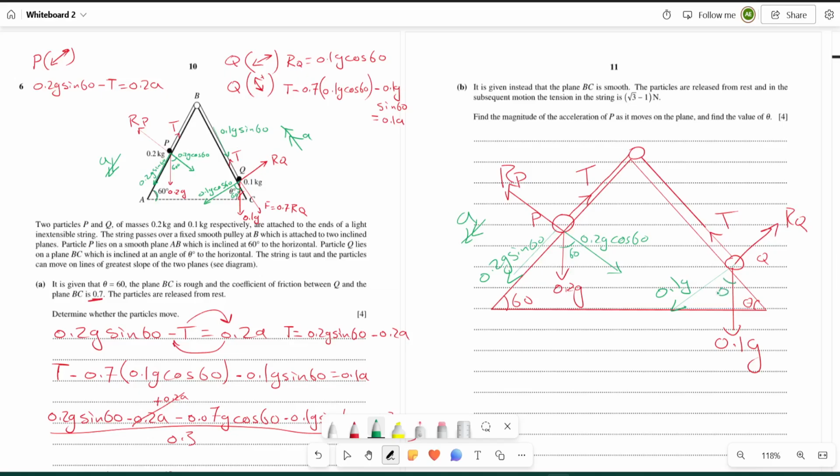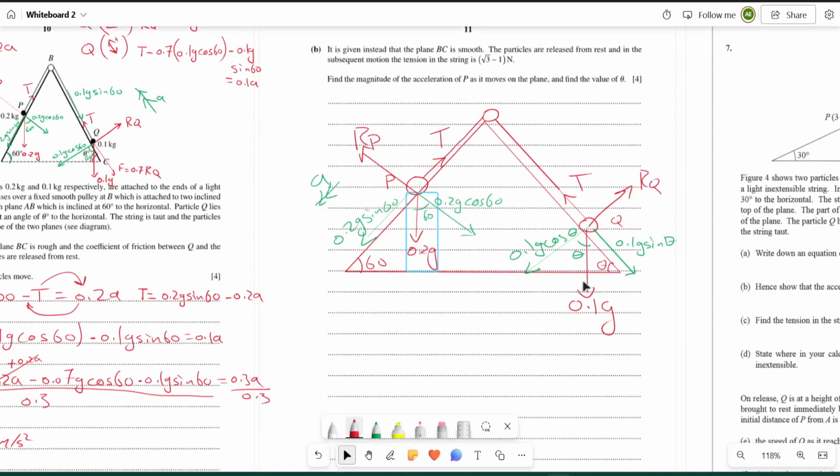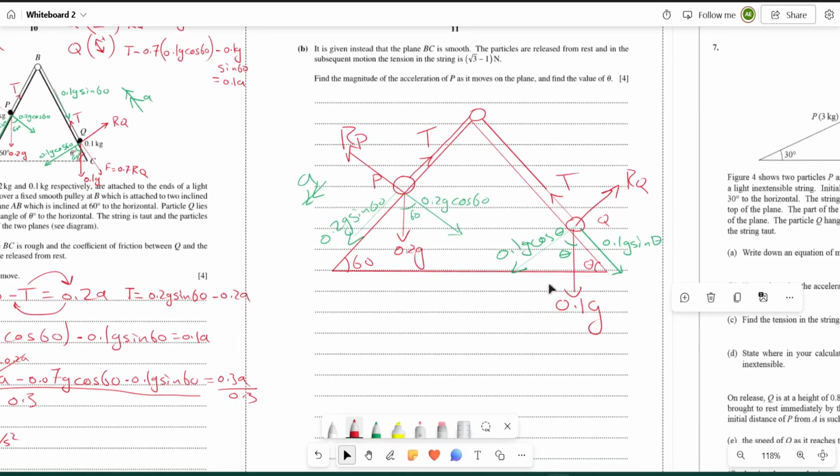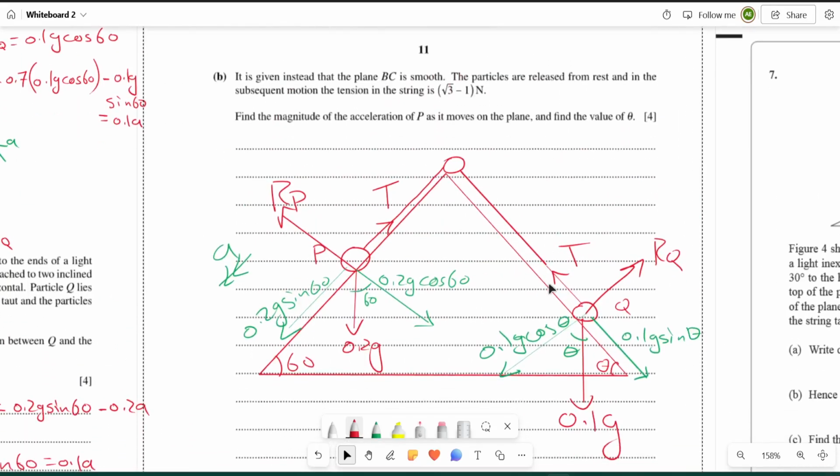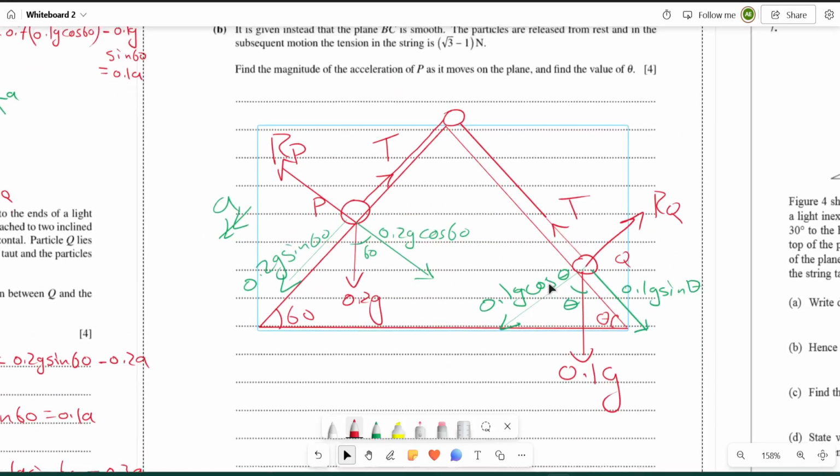This is theta, so this is 0.1 g cosine theta, and another component which is going to be 0.1 g sine theta. I like to draw the components in a different color for you guys to visualize which ones are the original forces and which ones are the components.